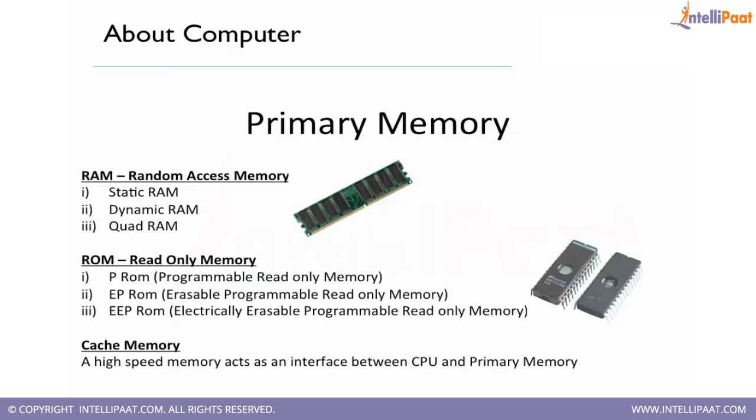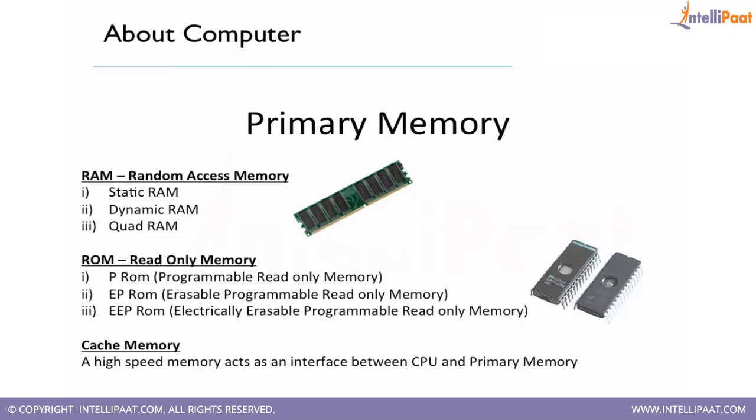So primary memory has many types. One is random access memory, which is RAM. RAM is mainly static RAM, DRAM, that is dynamic RAM, or QRAM, which is quad RAM.